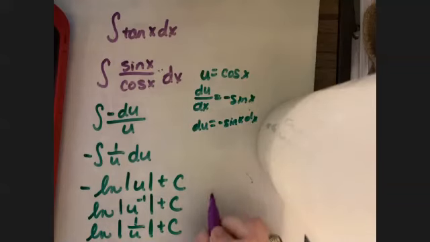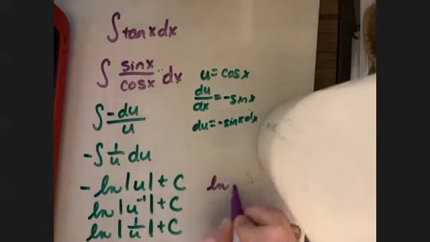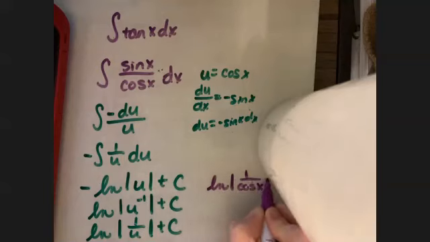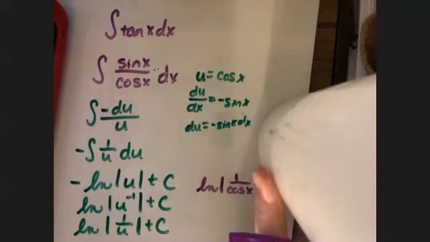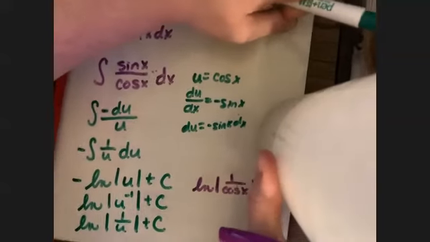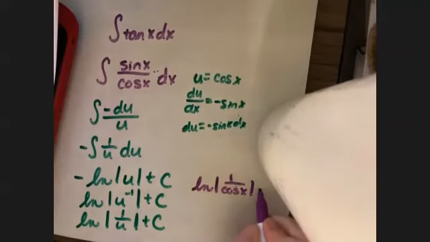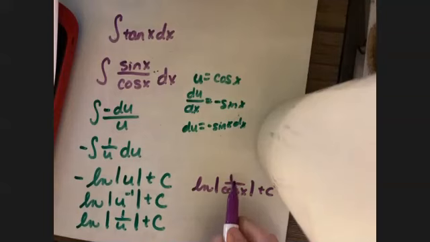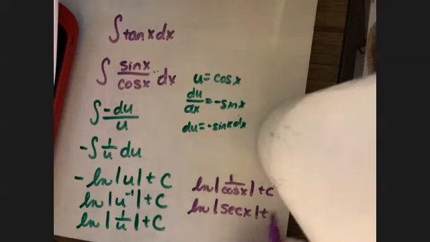This goes to natural log of 1 over cos plus a constant. Guys, 1 over cos is secant. This is the answer that they're going to go for.